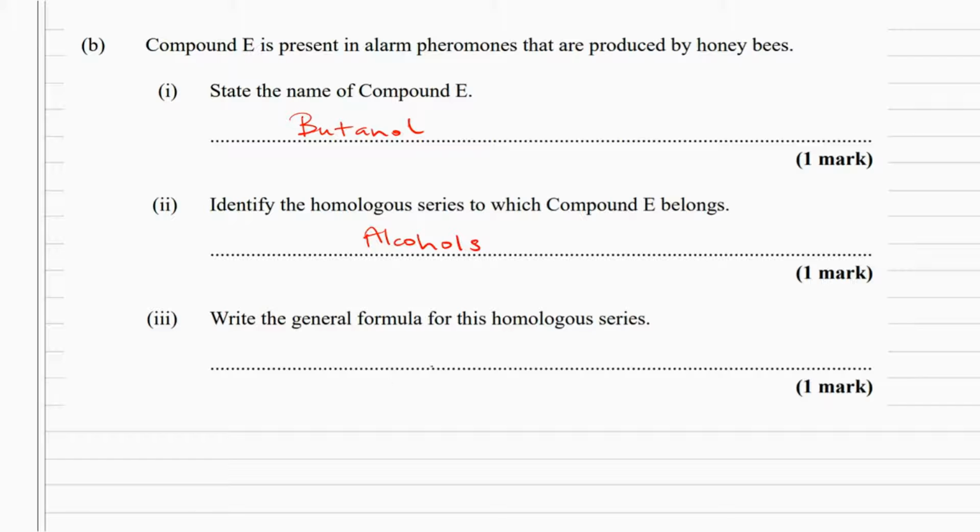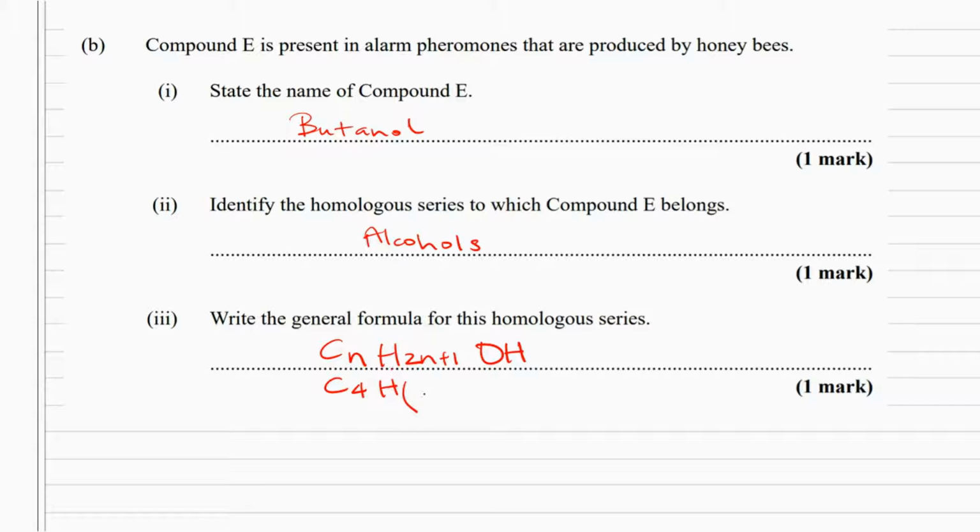And write the general formula for this homologous series. Now, the general formula for this homologous series is CnH2n+1OH. Now, this was butanol, so n would be 4, because it has 4 carbon atoms.